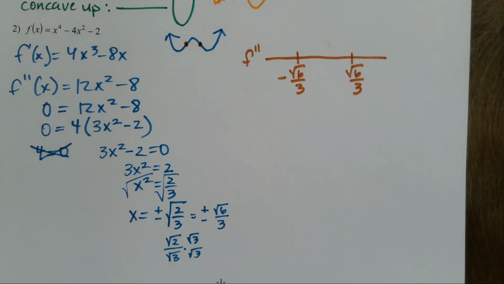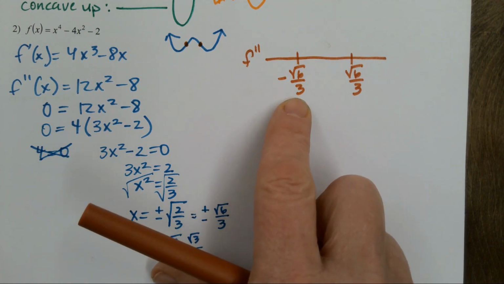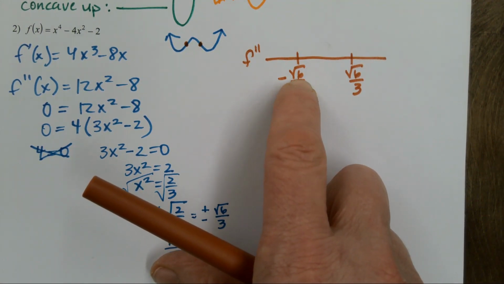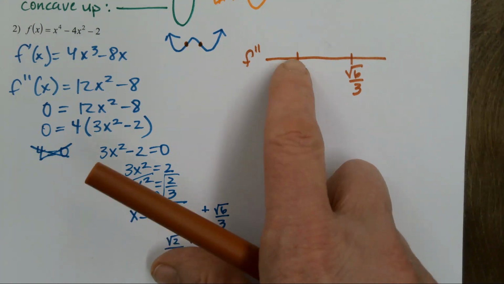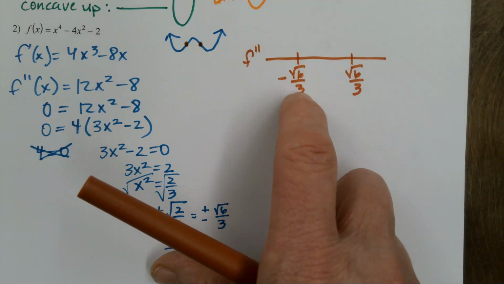Sometimes I'm going to have to pick a decimal if they're really close to each other, and that happens. But sometimes I do things like, I know the square root of 6 is between 2 and 3, so I know that this number is between 2/3 and 1, negative 2/3 and 1, okay?